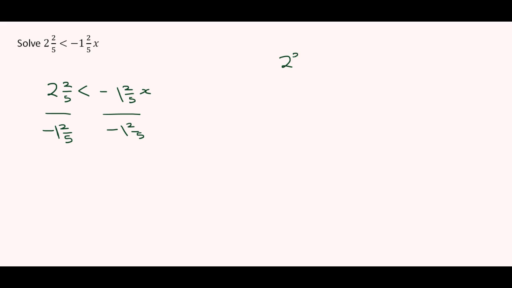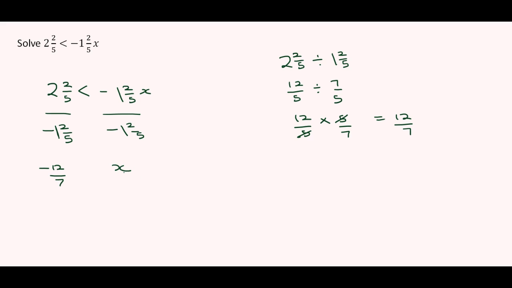So we have 2 over 5 divided by 1 over 5. So we have here 12 over 5 divided by 7 over 5. Then 12 over 5 times 5 over 7. The 5 crosses out, and then we have 12 over 7. So now we have negative 12 over 7 and then we have here x.